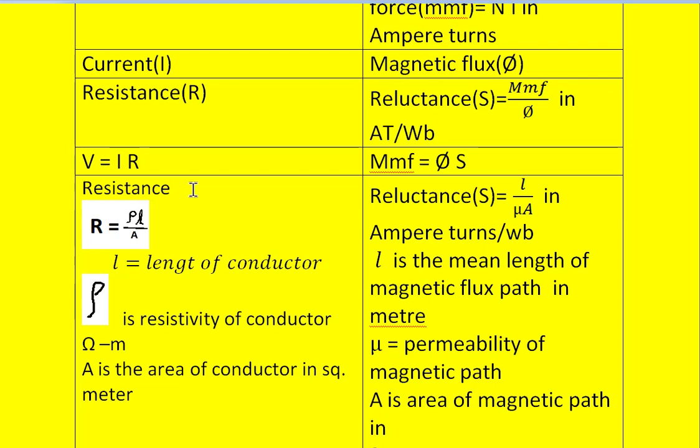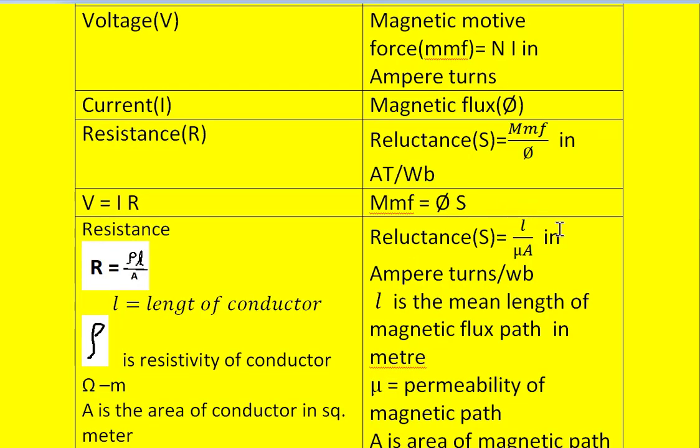Similarly, in the electrical circuit, resistance can be calculated using the formula rho L by A, where rho represents the resistivity of the conductor, with units ohm meter, A is the area of cross section of the conductor, L is the length of the conductor, and the units for resistance are ohms.